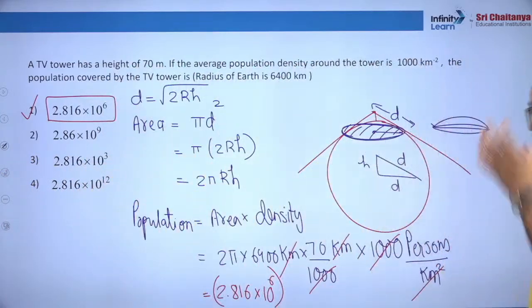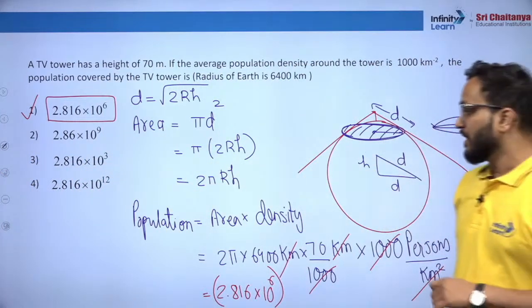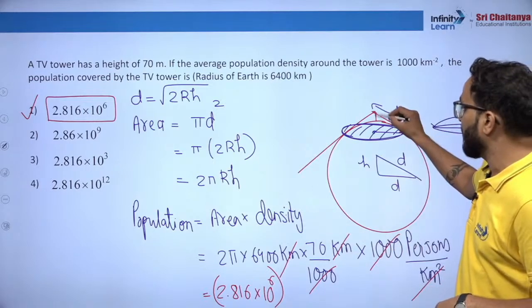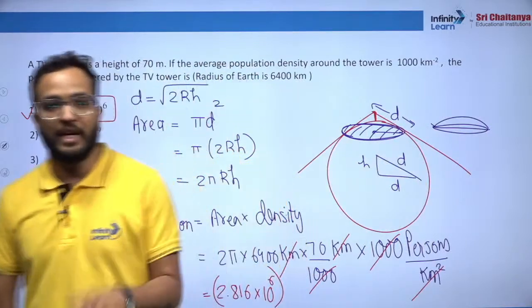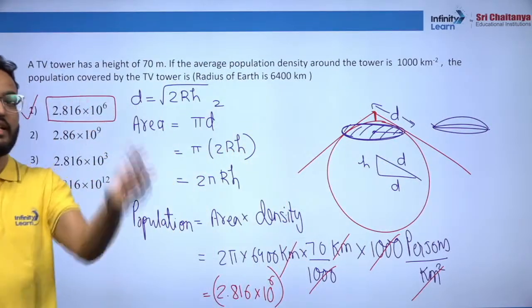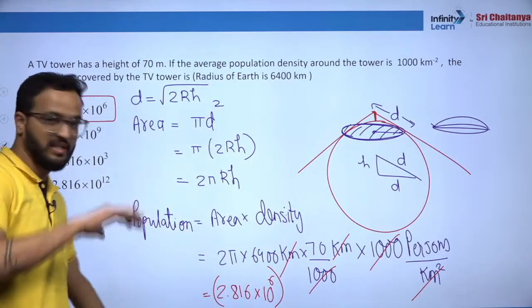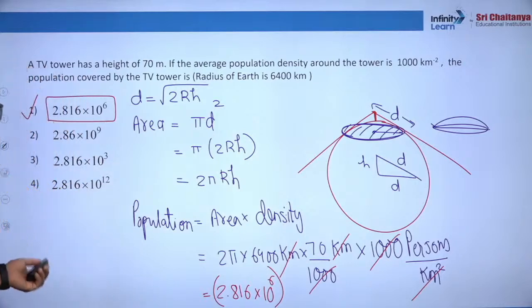Is it clear? Understood? But this method can be used only if the height of the tower is very low. Otherwise we'll have to use the concept of solid angle and get the complete arc area, then only we'll get our answer.